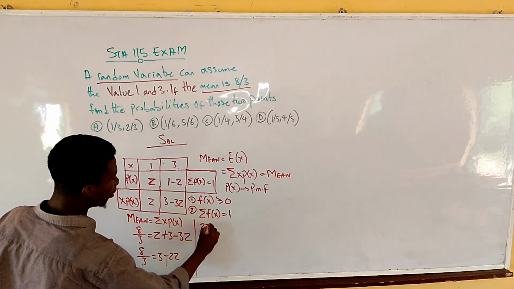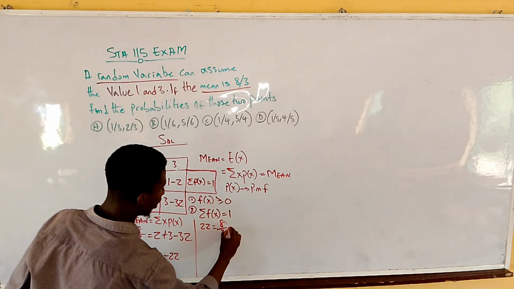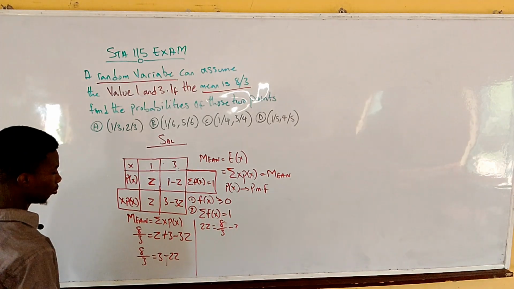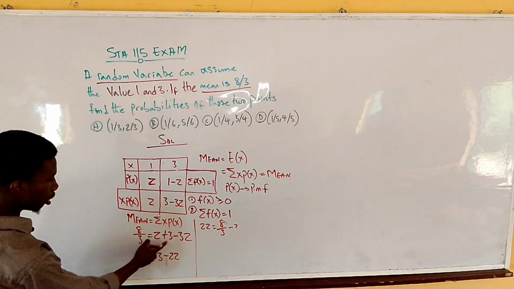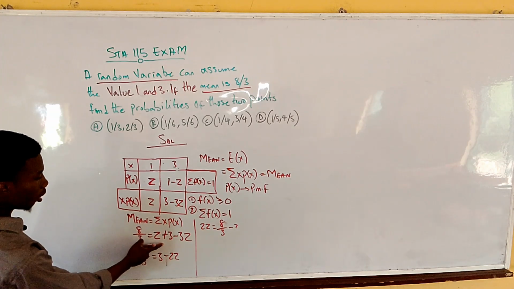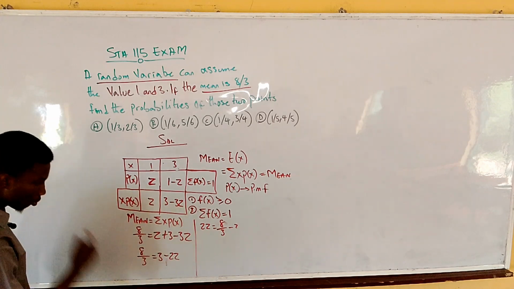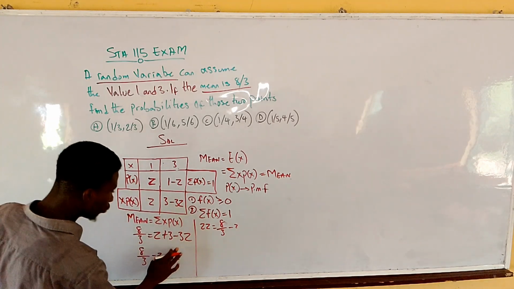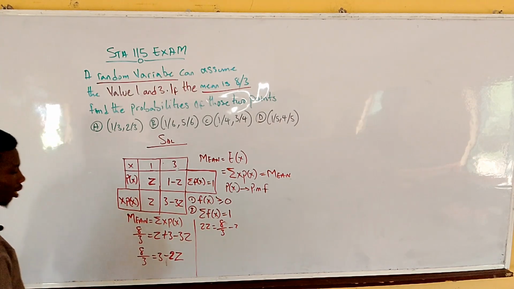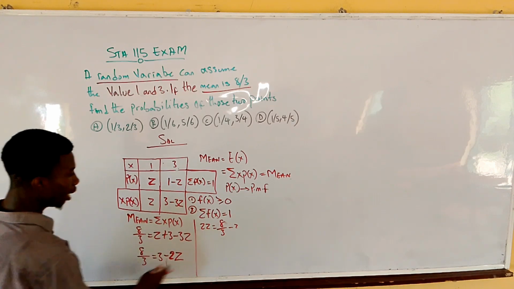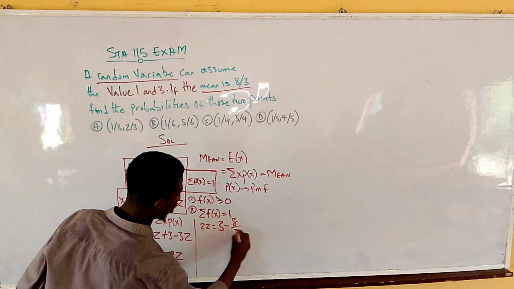Therefore, 2z is equal to, sorry, it is meant to be 3 minus 8/3.